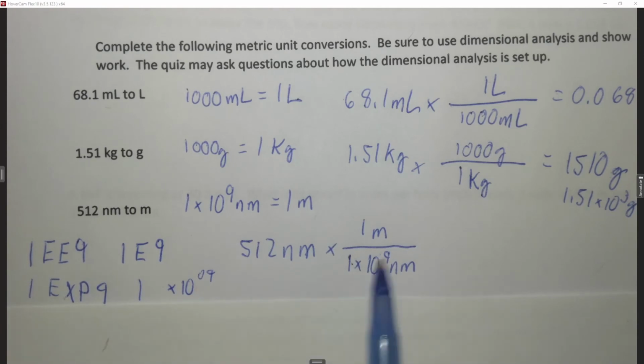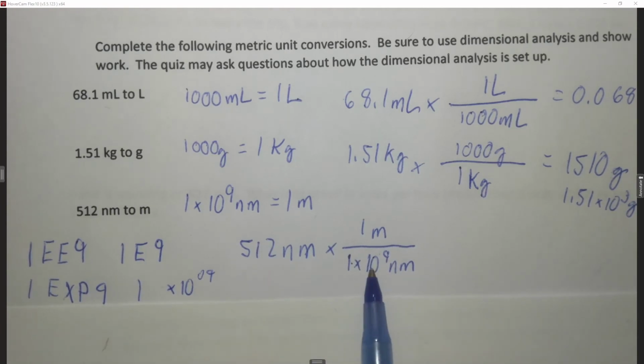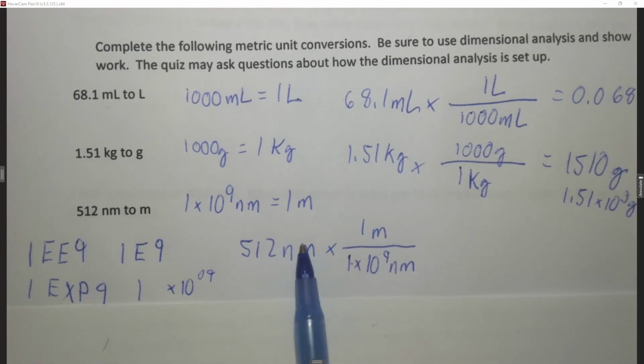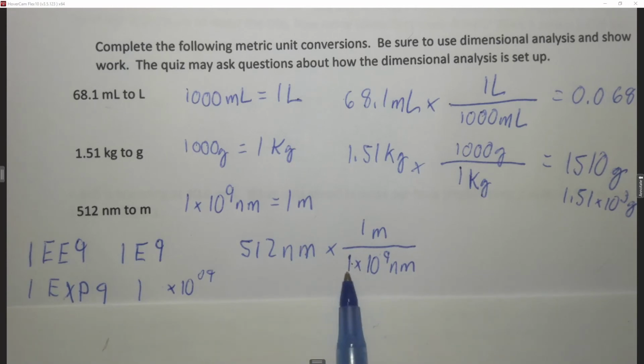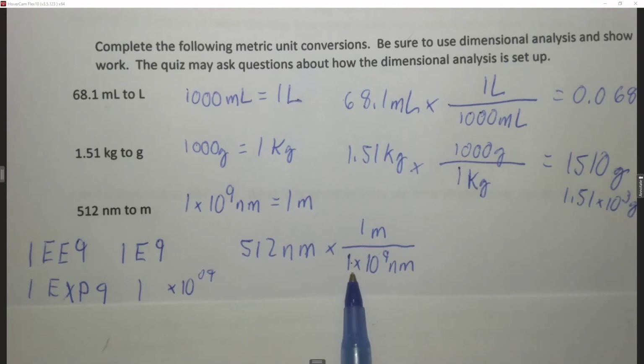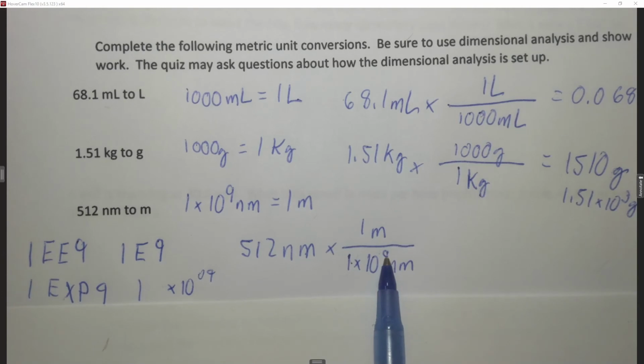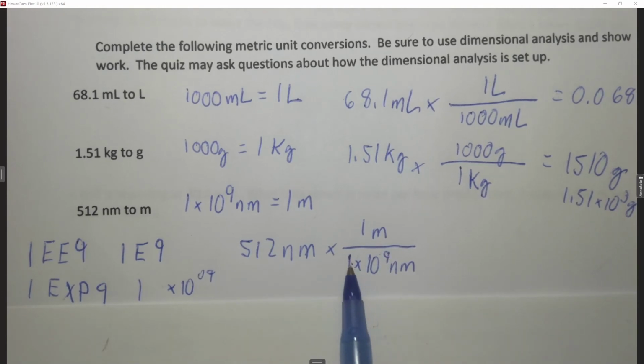So this will help you because when you're dividing by this number, it could be an order of operations problem. If you just type this in as 1 times 10 to the 9, your calculator is going to take this, divide it by 1, and then multiply it by 10 to the 9. And instead, you want to divide by 1 times 10 to the 9, so it's important to plug it into your calculator correctly, and this will come up in other cases.